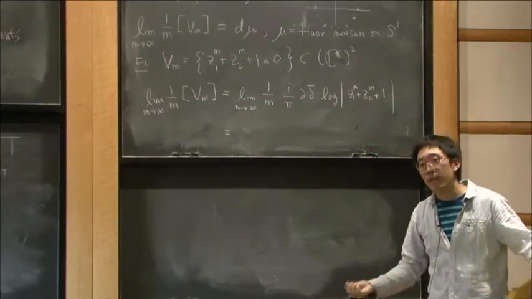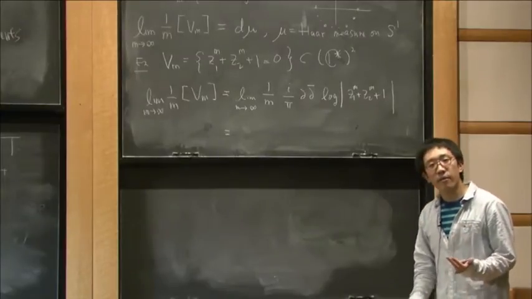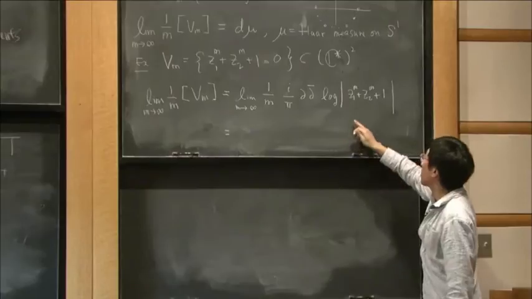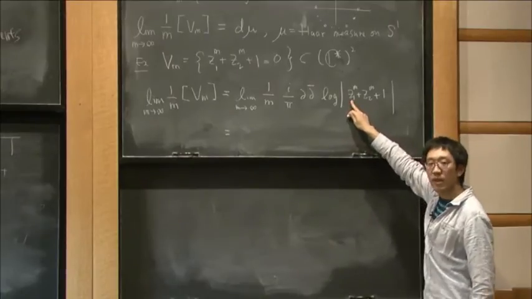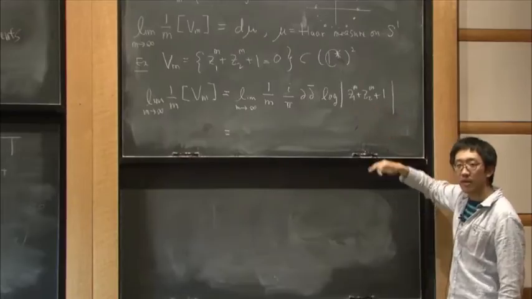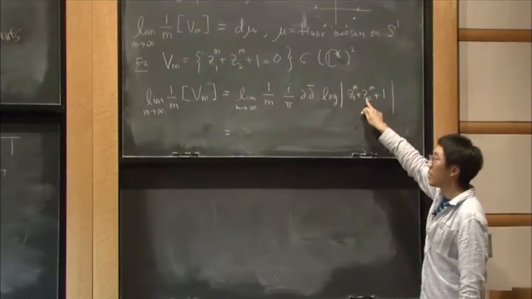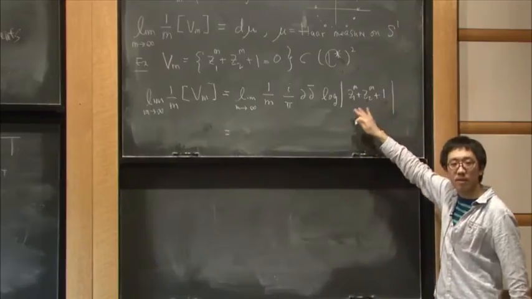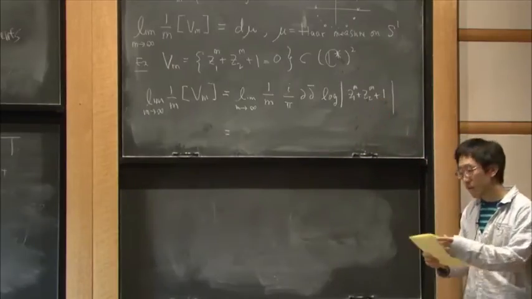So almost everywhere, there are basically 3 cases. There are parts of C star to the 2 where the modulus of z1 is greatest among the modulus of z1, modulus of z2, and 1. And there are other parts where the modulus of z2 is the greatest. And there is a third part where 1 is greatest among the moduli of the 3 numbers.